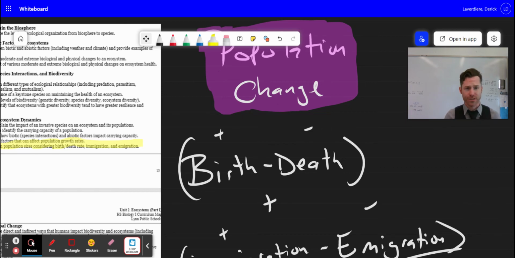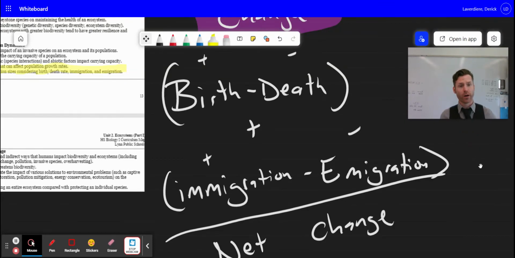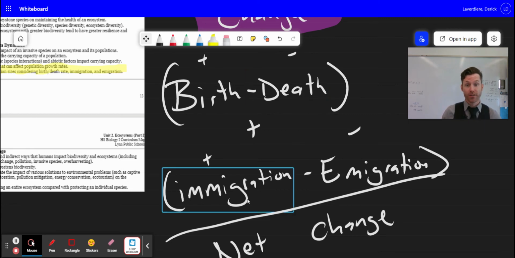That's a change in population size. Right? And so basically there's 4 factors that go into the change in the population size. Okay? Things can be born, that increases your population. Things can die, that decreases your population. Things can move in, that increases your population, and things can move out, that decreases your population.